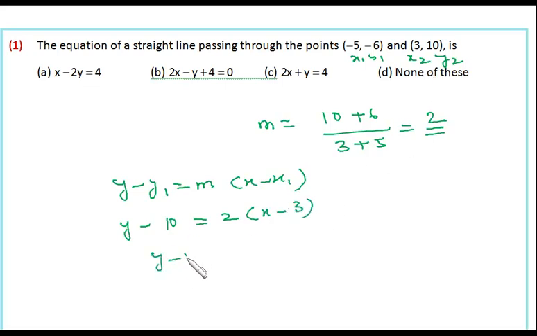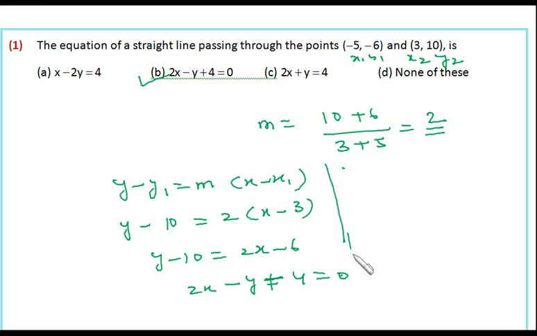So y minus 10 is equal to 2x minus 6, or we can say 2x minus y plus 4 is equal to 0. Now instead of x1, y1 as (3, 10), if you had taken (minus 5, minus 6), let's see what happens.